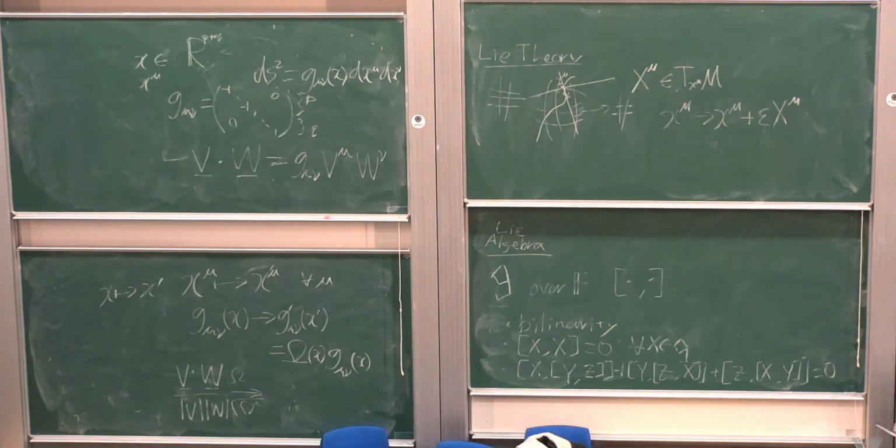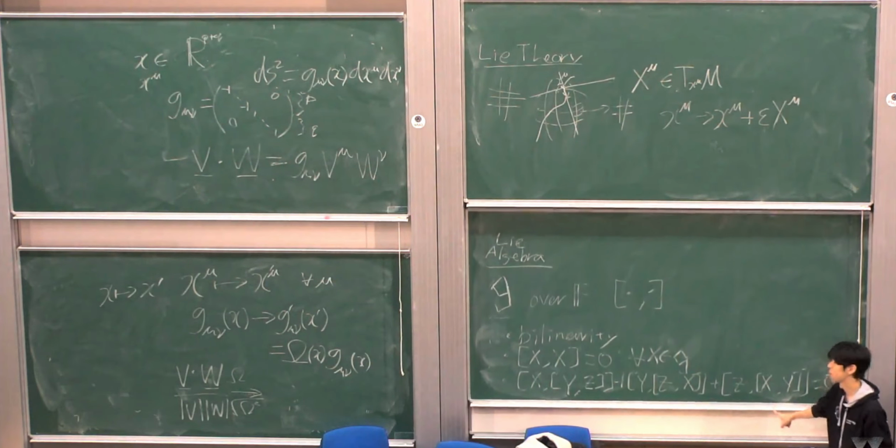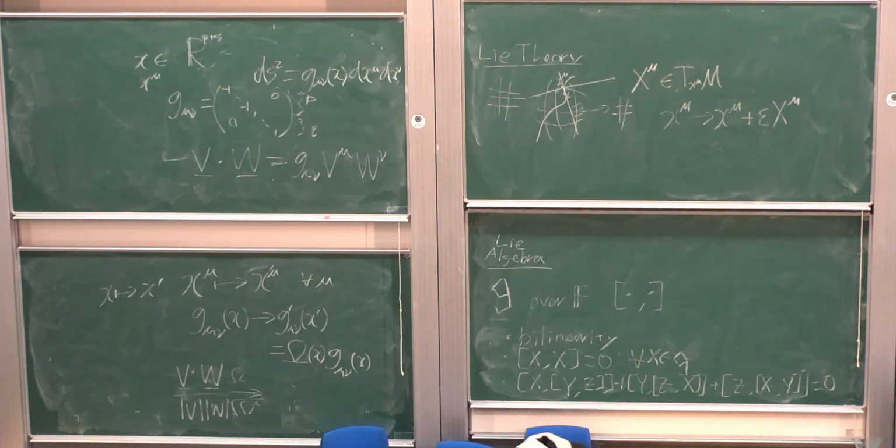And the commutator satisfies this relation. So you can say that the Lie algebra is a vector space. So let's say this is your Lie group, and you have the identity here.